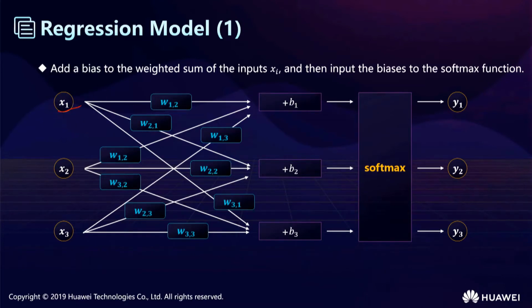This is our input data, and we add the weights and the bias, and then we use the softmax to transfer the values into probabilities, and we get the result.